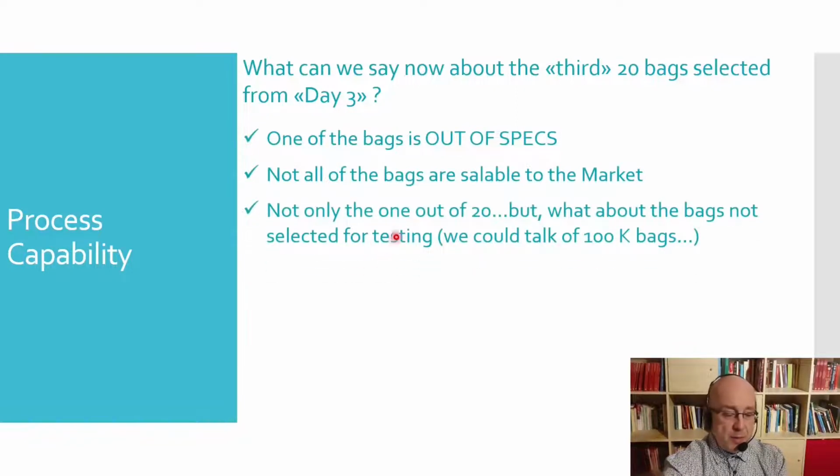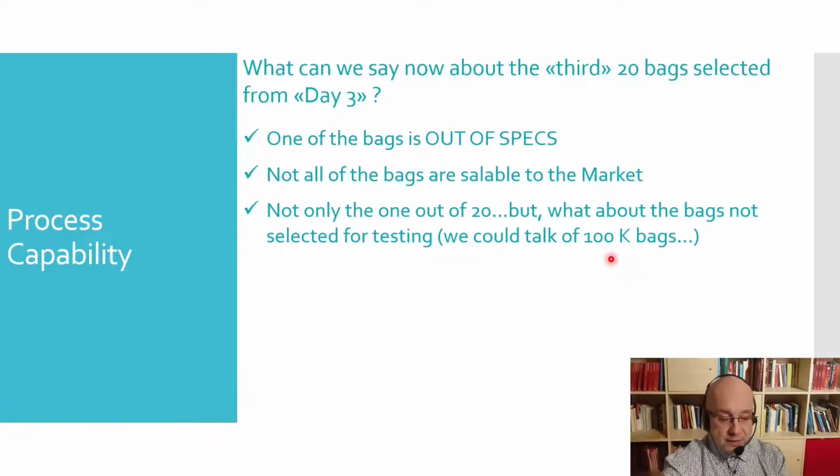But it's not only a problem of the 1 bag out of specs, but what about the bags not selected for testing? We were saying before that every day we have 100,000 bags produced. So in this case, we have 99,980 bags not selected for testing.